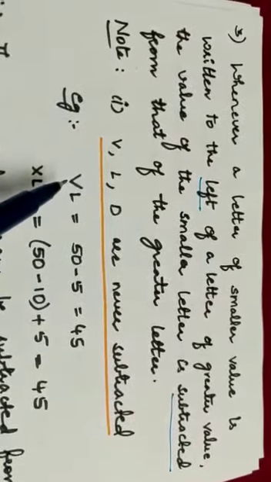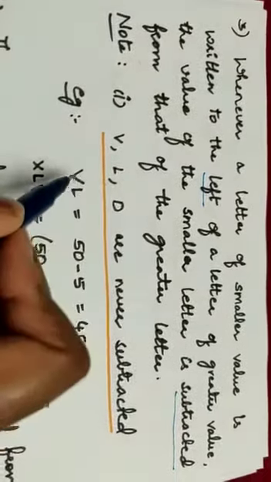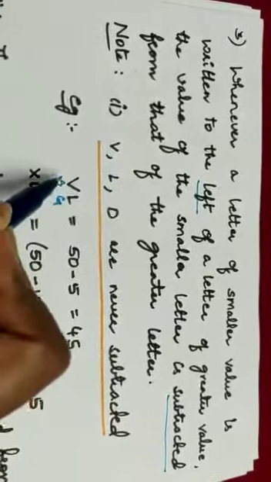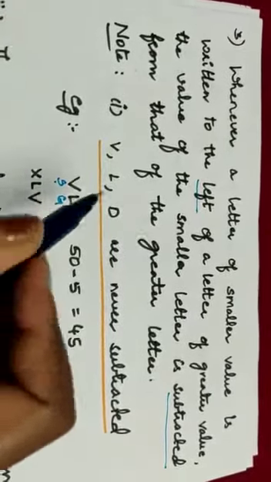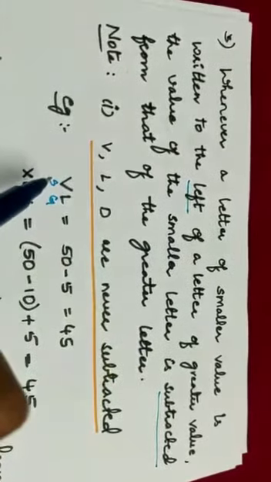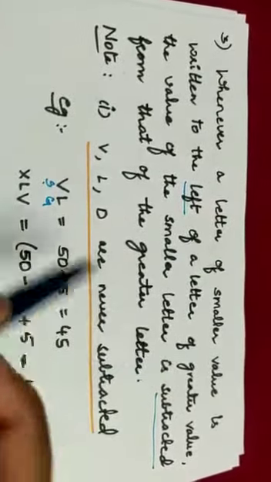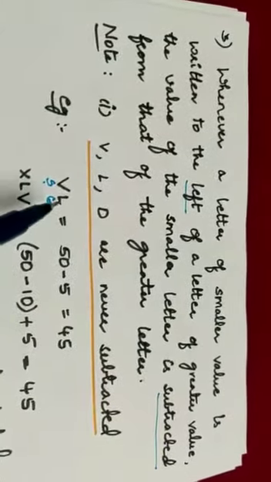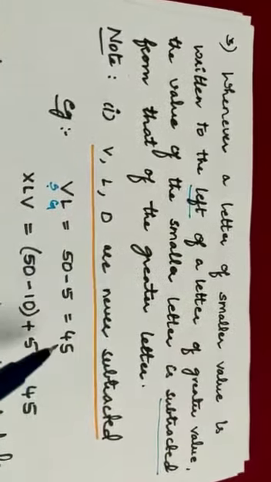V means 5. So this is smaller and this is greater. According to the rule, when a small value is on the left side of a greater value, you can subtract. Okay, let us subtract: 50 minus 5, 45.